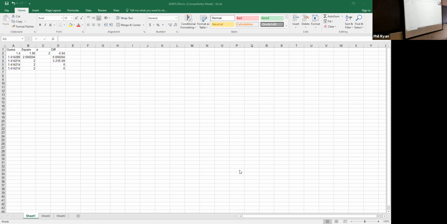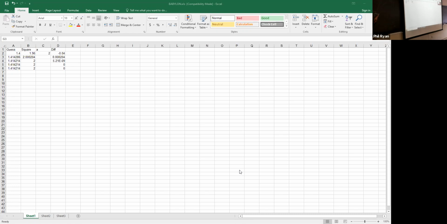Now, another guess, which is just as good, is 2 divided by 1.2. It's just as good a guess as this, because when we multiply these two things together, what do we get? 2. So however much this misses out by being the square root of 2, this also misses out.